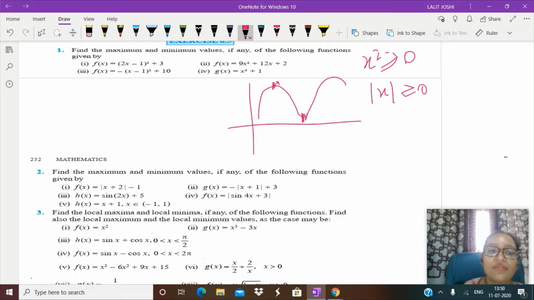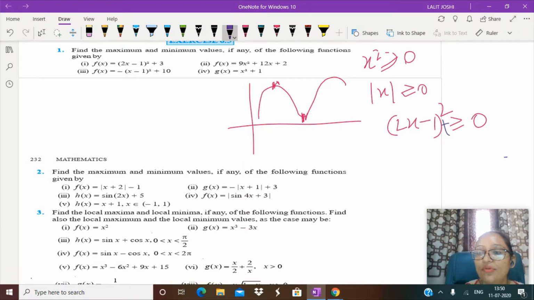Similarly, I have question number 1, first part over here, 2x minus 1 whole square plus 3. So what we will do is we will say 2x minus 1 whole square is greater than or equal to 0, right? Then I'll add 3 to both the sides. So if I add 3 to both the sides, this will be my original function, and this will be greater than or equal to 3, right?